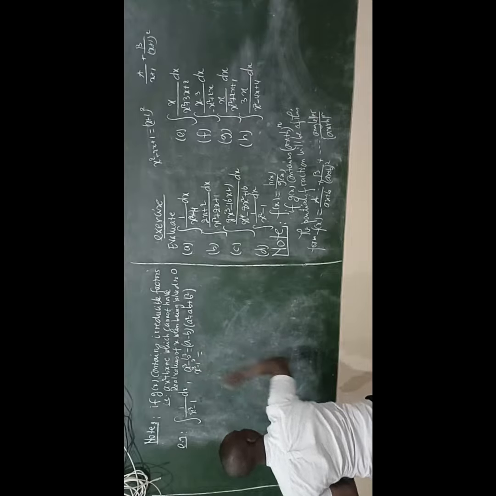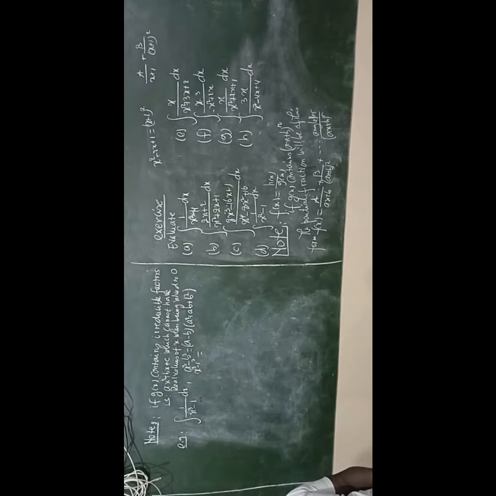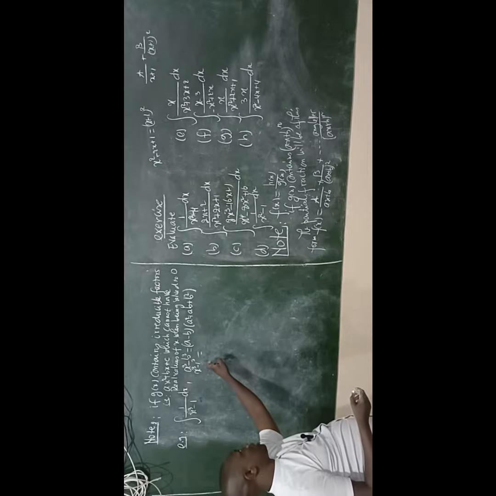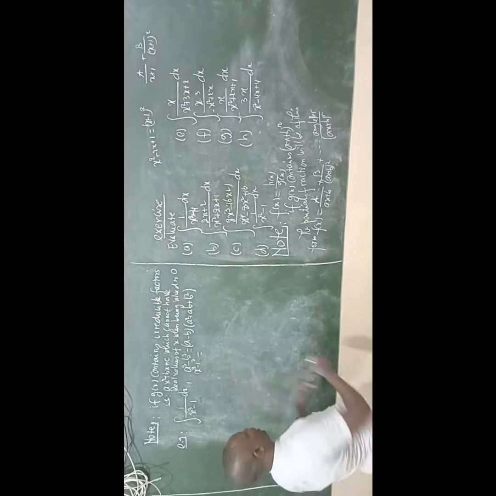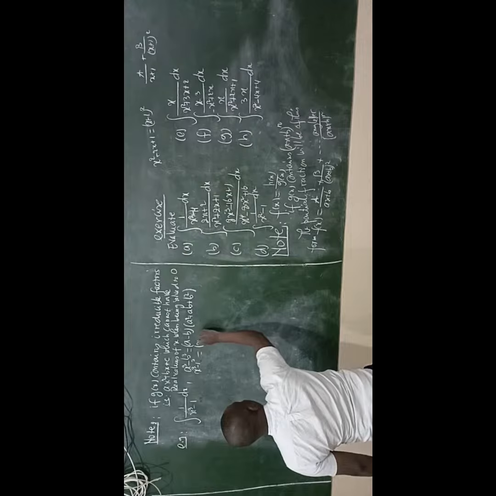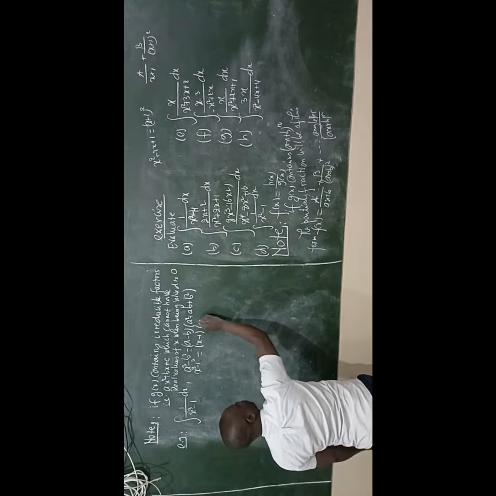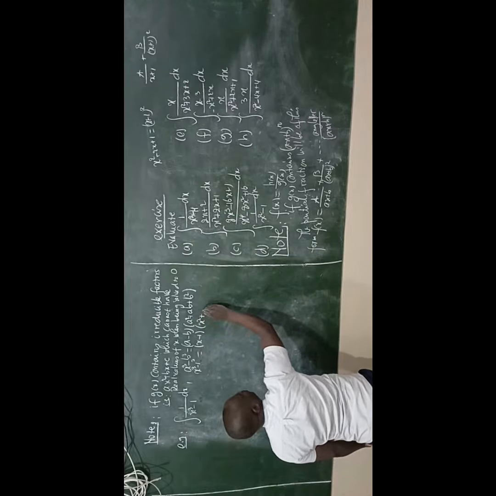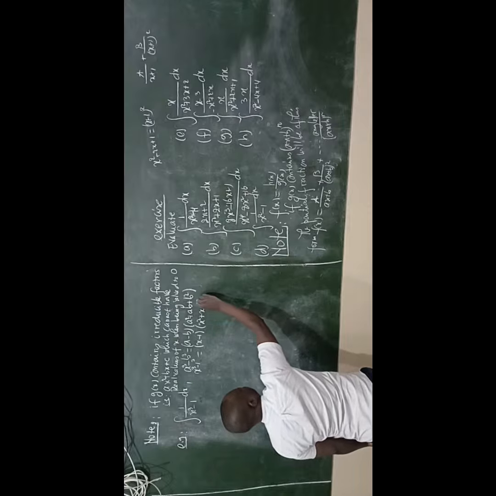So here we have x power 3 minus 1. Its factor form is x minus 1 into x squared plus x times 1 plus 1.